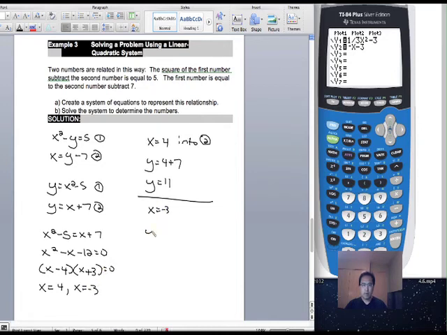So y is going to be equal to −3 plus 7. So y is going to be equal to 4. So here my solutions are (4, 11), (−3, 4). Okay, try the sample on 170.